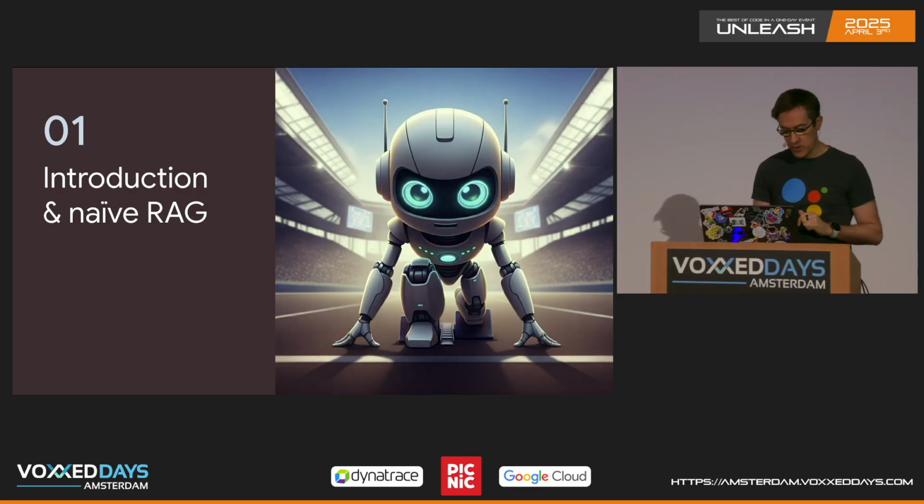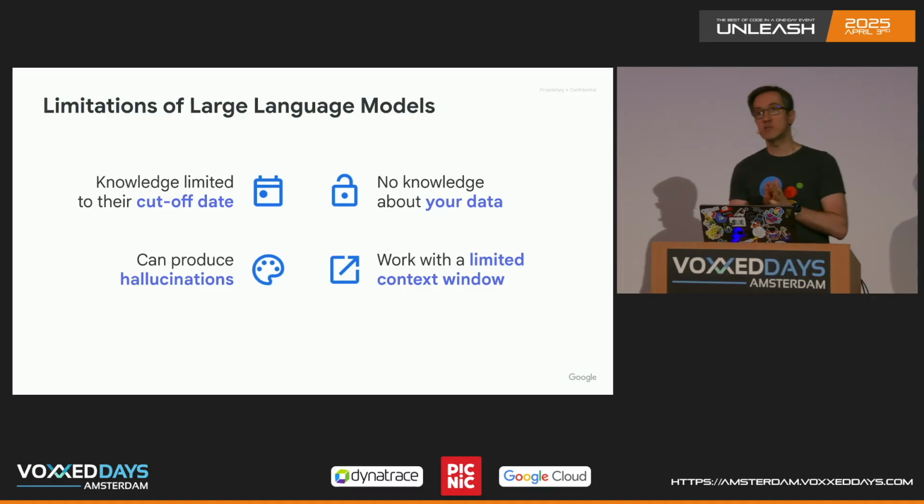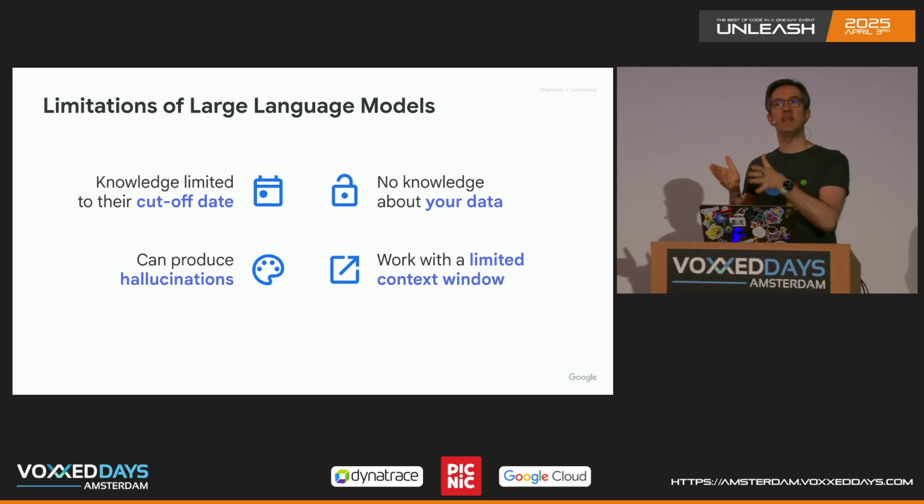So let's start with RAG. First, the limitations of large language models: they are limited in terms of their knowledge because of their cutoff date. It means that their training data has been prepared at some point, and the training of the model itself has ended at a certain point in time.